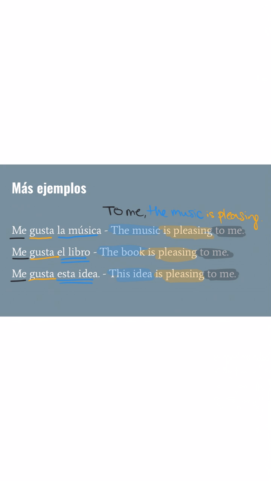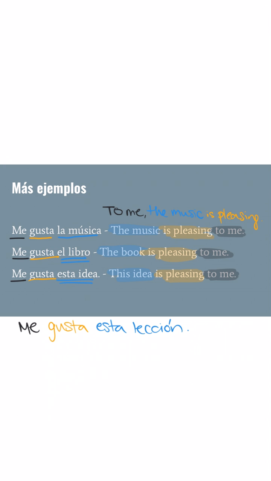I'm going to write it myself now in 3, 2, 1. I like this lesson should look like me gusta esta lección, right? I like this lesson. In other words, we could say it, this lesson is pleasing to me.